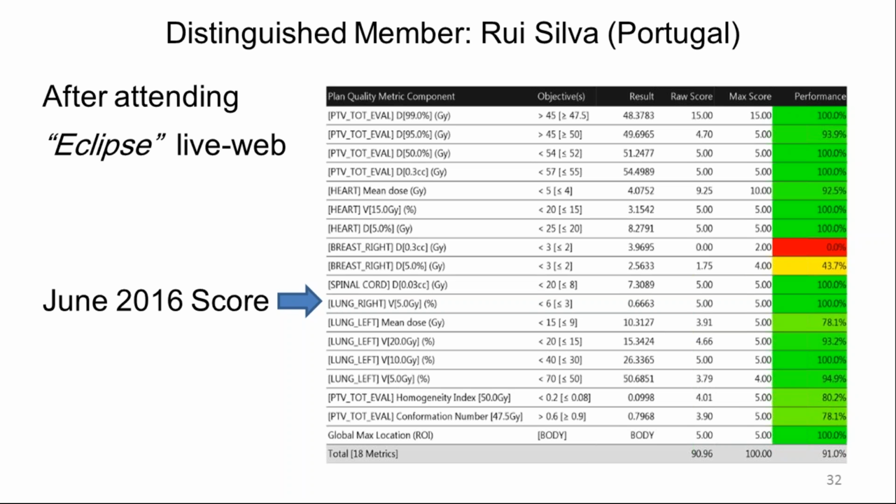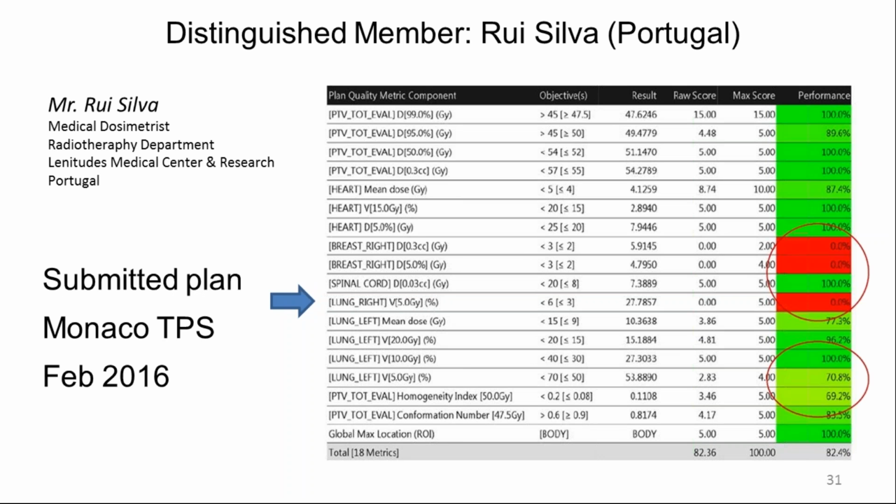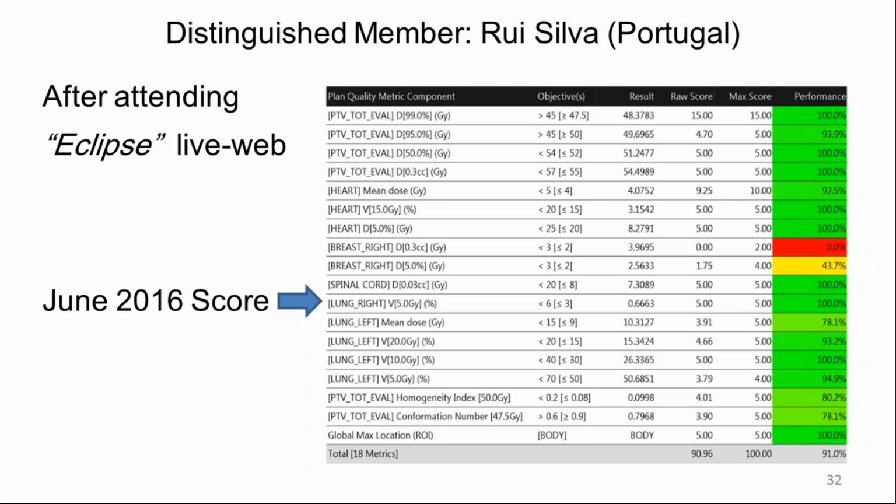As you can see here in his presentation, he scored 82.4 in the previous one, and when he used the geometry of another planner, he scored 91. So this shows you the importance of learning from each other, and how you can still improve by learning from others.